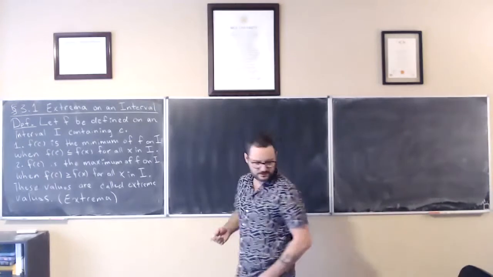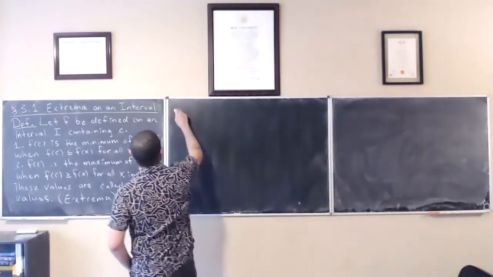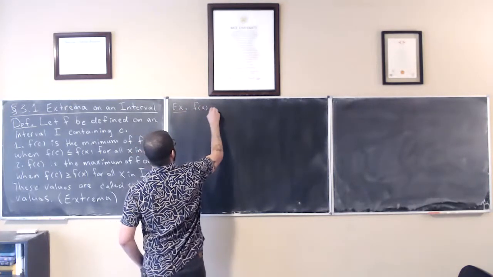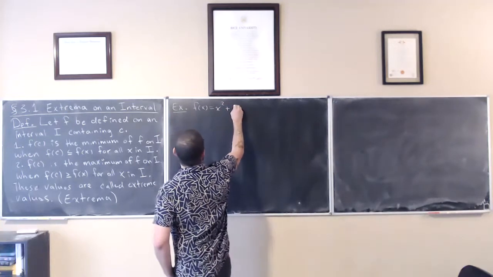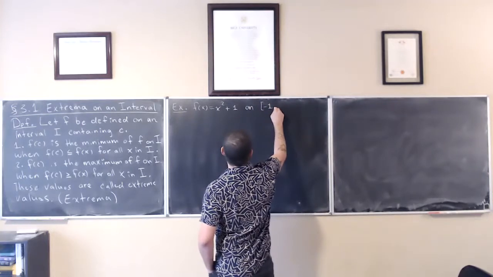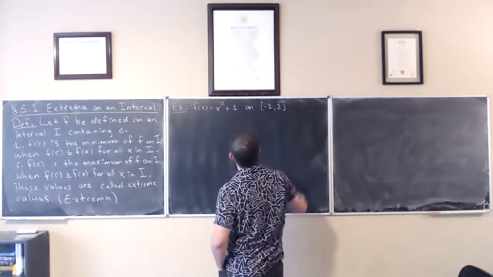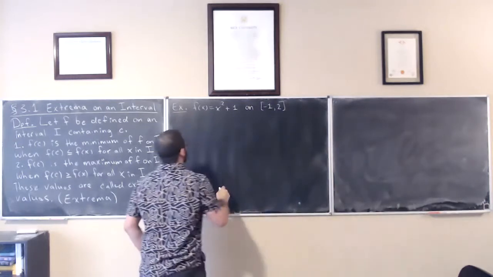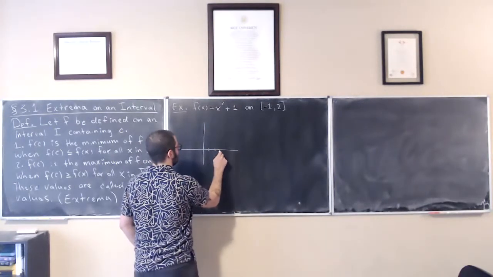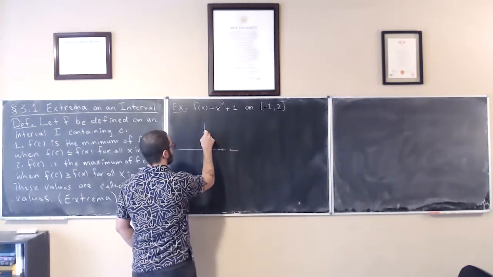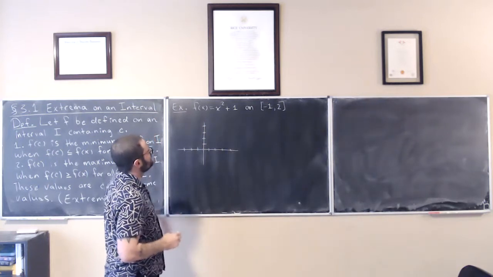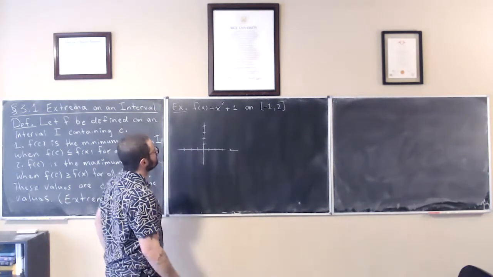Okay. So let's consider, let's say, f of x equals x squared plus 1 on a closed interval, -1 to 2. So what does this look like? This is the x squared function raised up by 1.